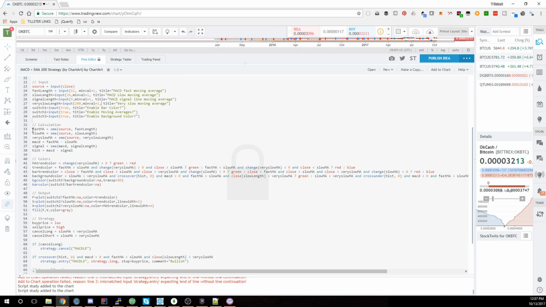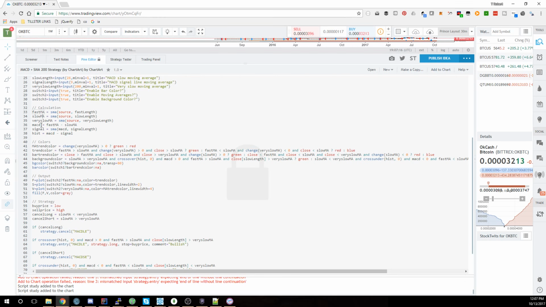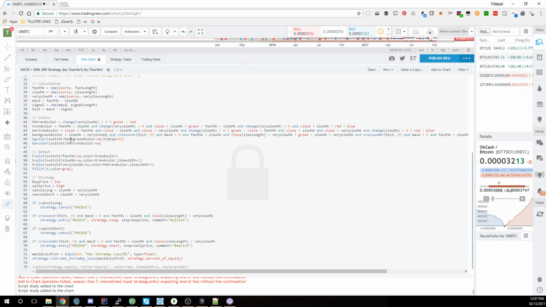We did our calculations to get our fast MA and our slow MA. We're probably going to do some sort of MACD. Sure enough, you've seen this code before. It should be familiar at this point. Making our colors in order to make things pretty, and doing some plots against our MACD. Finally, here's the strategy itself.